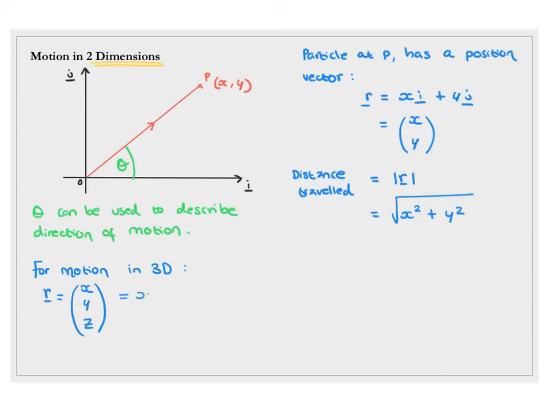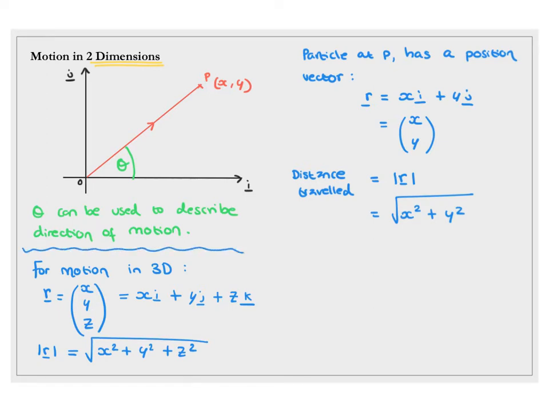And if we wanted to write that in vector form, we would write xi plus yj plus zk. And if we wanted to work out the distance travelled, we would then carry out a Pythagoras theorem calculation, but with all 3 components in the following way. But that is purely when we're looking at 3D, or motion in 3 dimensions.